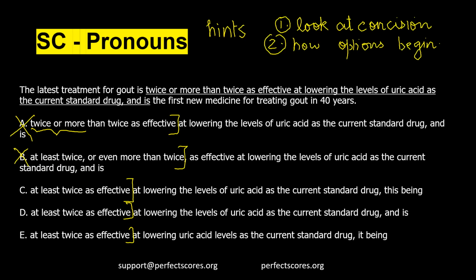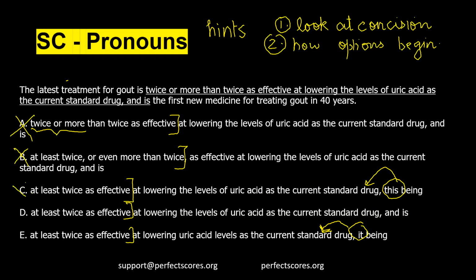And C and E are using these pronouns, this being and it being, which looks like it refers to the drug, the current standard drug. But actually what we're trying to do is we're talking about the latest treatment, which is in the beginning of the sentence. So the words this and it don't really make sense here. They don't make sense meaning-wise.